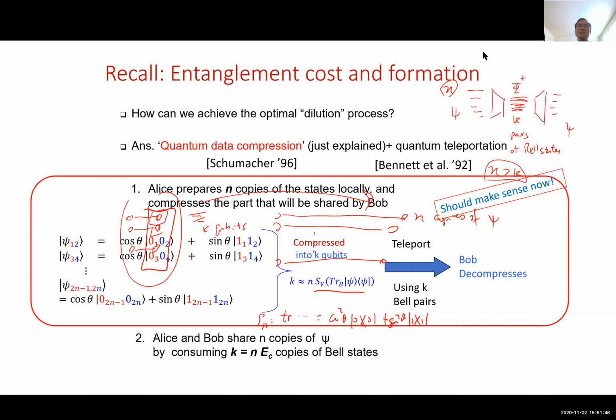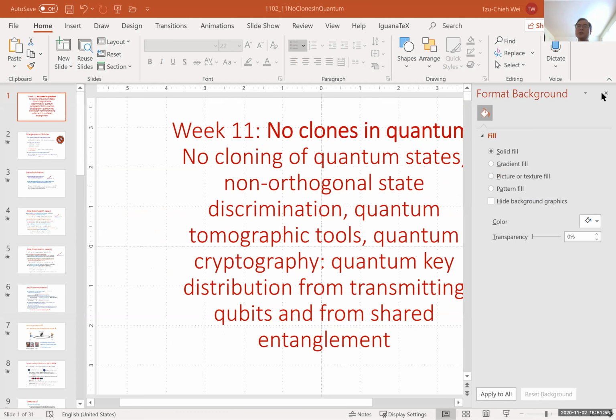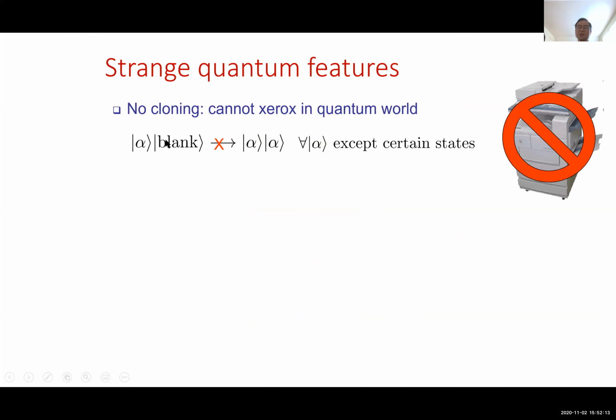So I plan to cover this week's new topic, but I don't think I would have enough time to do that. But let me just give you a review of what I'm going to do. I'm going to talk about no cloning of quantum states.